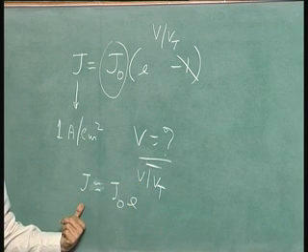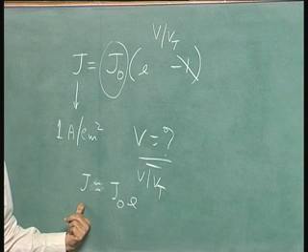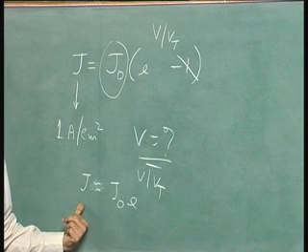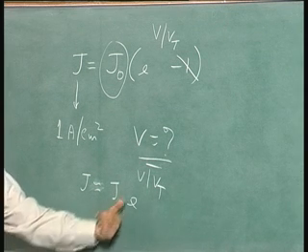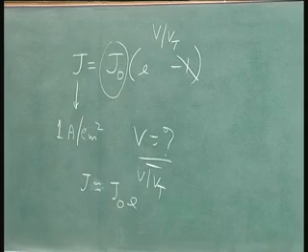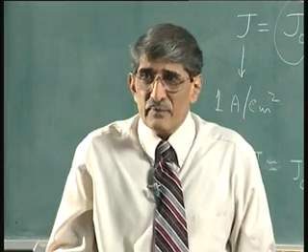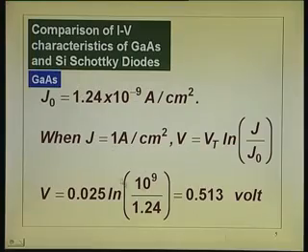So, for gallium arsenide we know that J naught is equal to 10 to the power minus 9 into 1.24. So, that number is substituted here, and we find V. That is what we are trying to do. So, J is equal to J naught e to the power of V by Vt, so V is equal to Vt logarithm of that.